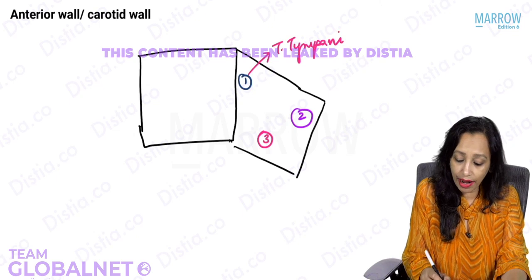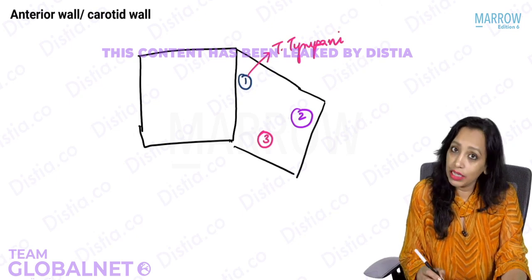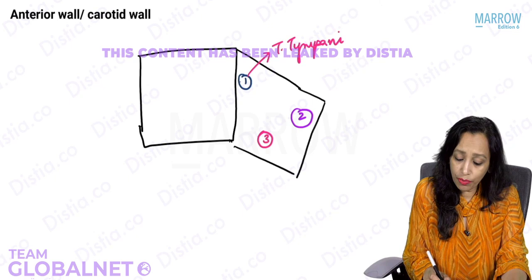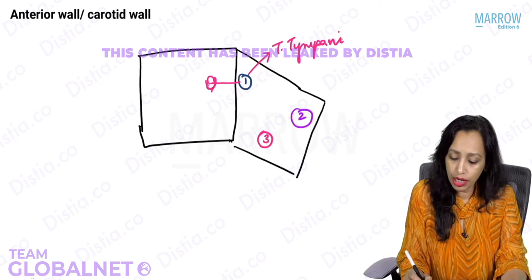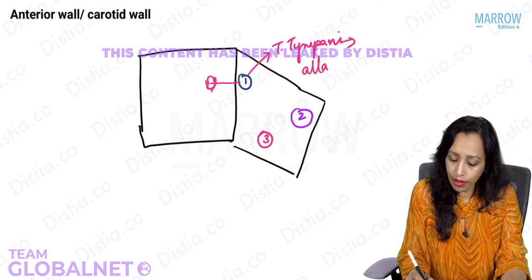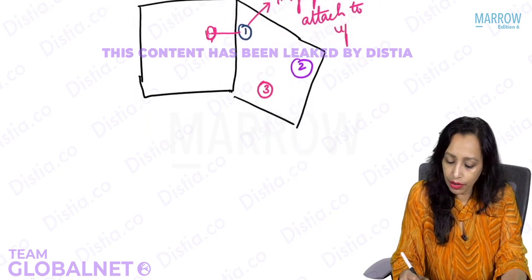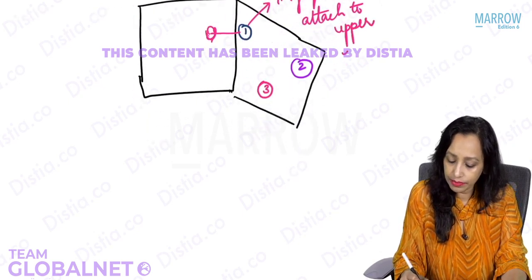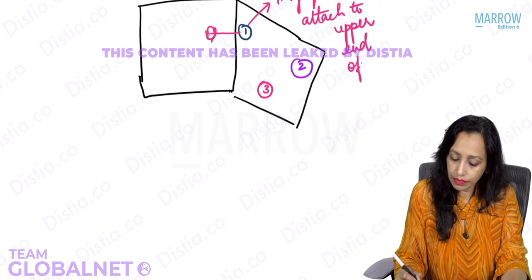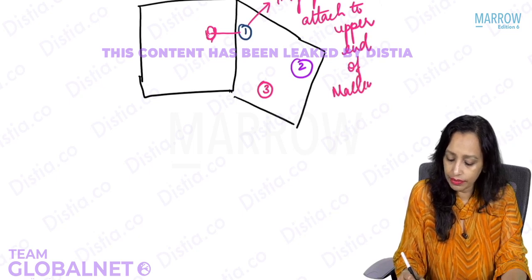The tensor tympani arises from the anterior wall, very close to the medial wall. Why? Because it has to go to the medial wall, wind around the processus cochleariformis, and then attach to the upper end of the handle of malleus.